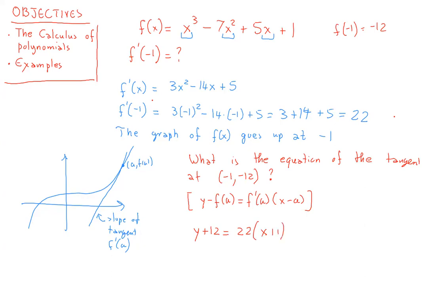And that's the formula. We can leave it like that, or we can actually simplify it. So y is equal to -12 plus 22x plus 22. And this will give us y is equal to 22x plus 10.